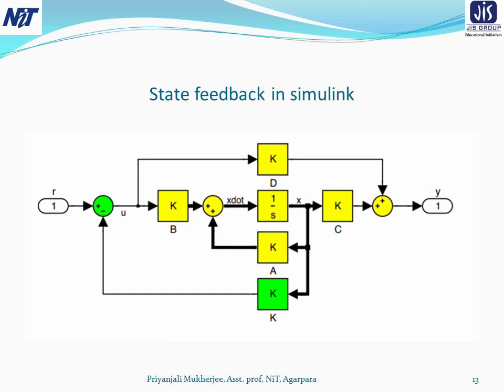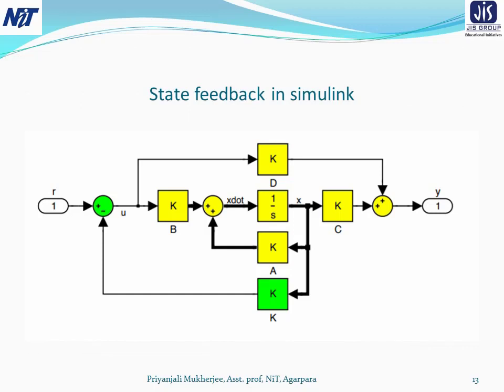Next is the state feedback in Simulink. In Simulink, we can also write the state feedback matrix, and the original equation x dot equals Ax plus Bu is converted into x dot equals A minus BK, into x, plus B into u. Here is the Simulink diagram. x can be obtained from the integration of x dot, and 1 by s represents the integration term, and B into K comes here.